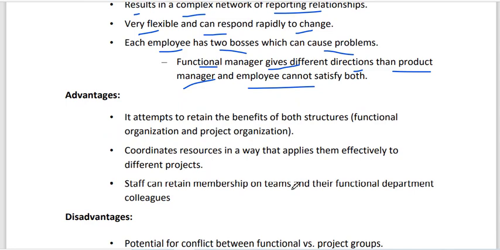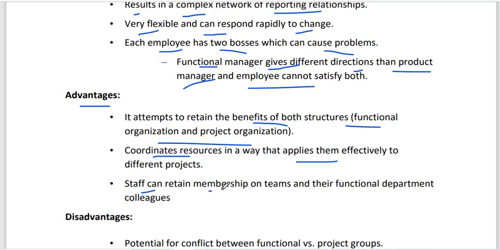Okay, what are the advantages? It attempts to retain the benefits of both structures, functional and project organization. So we get two benefits from one organization. It coordinates resources in a way that applies them effectively to the different projects. So if I want to give direction or instruction to the different products, I will also coordinate the resources.